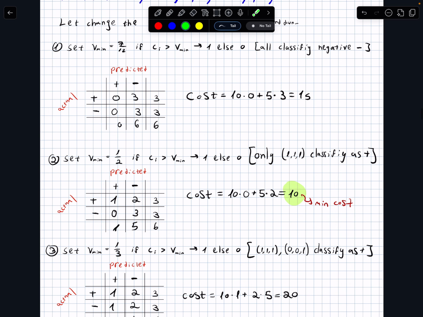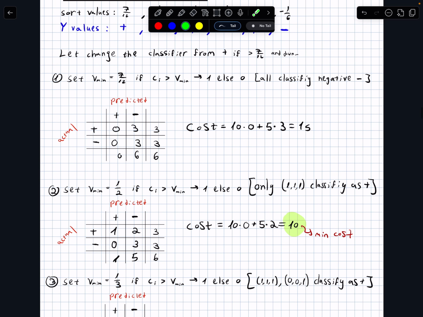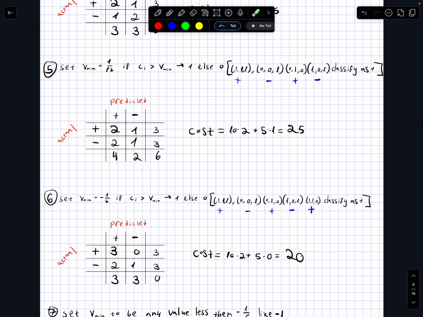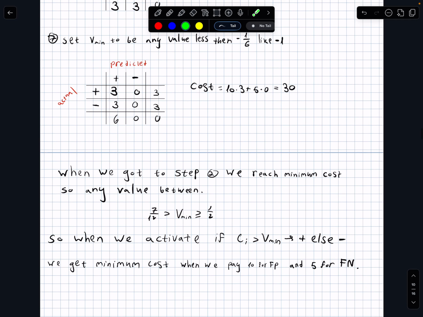But just to know, the cutoff point can be any number. The v min could be any number which is bigger than half but less than 7 divided by 12. So if v min is less than 7 divided by 12 and bigger than half, it's okay, because it gets us the minimum.